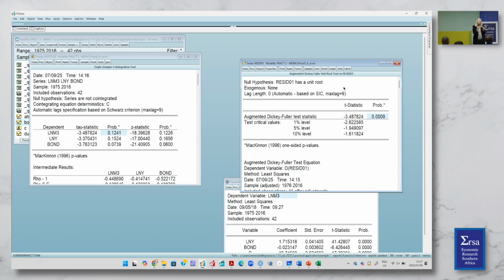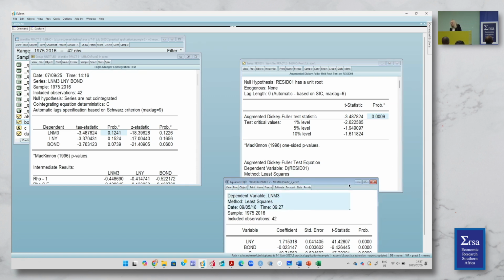Do we have co-integration? No. It's just in the margin, just outside of the 10%. So this is now where we go back to this relationship.